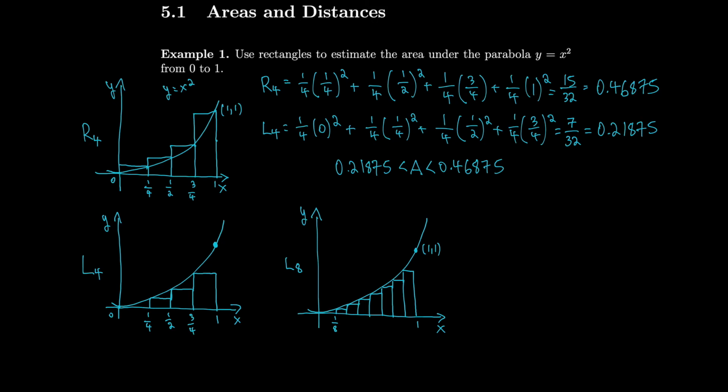I could also get a right estimate. So we'll call this R8. And I'm going to do the rectangles on the right side, so I start off with one over there instead of at 0.